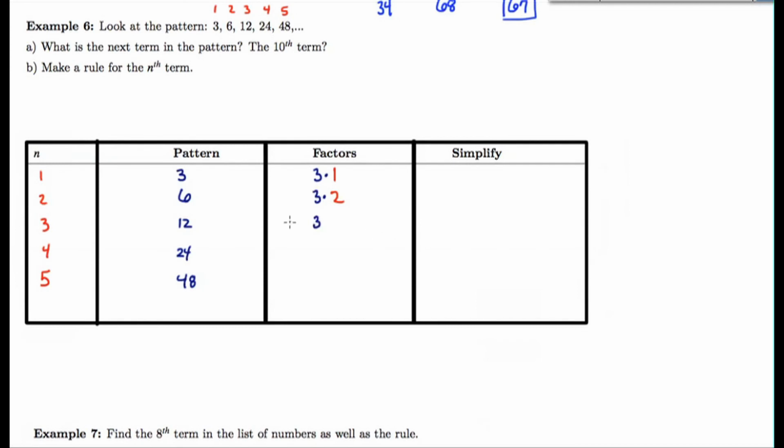Maybe 3 is a factor of all of these in the pattern. So 3 times what is 12? 4. 24. 3 times what would give us 24? 8. 3 times what here for 48?